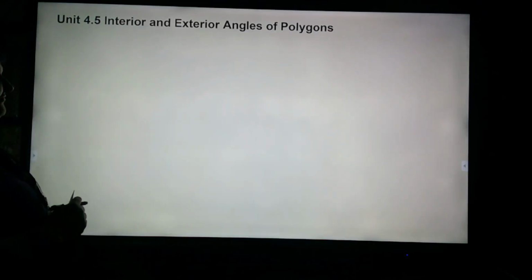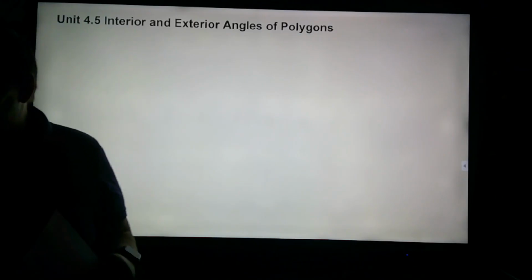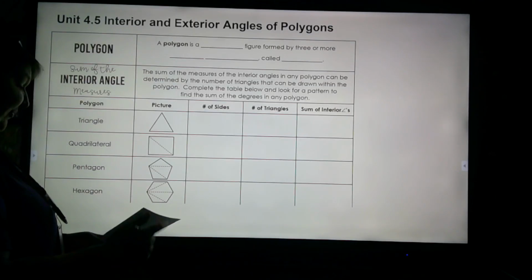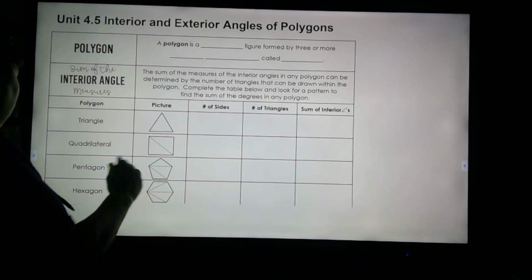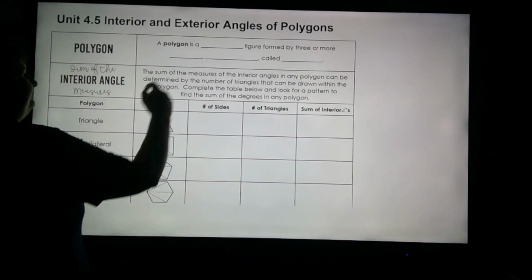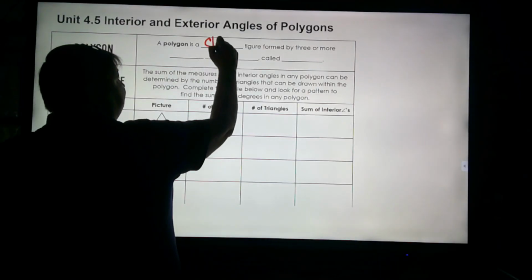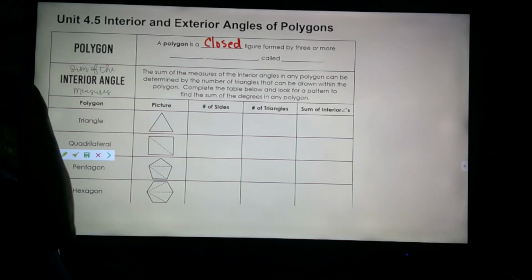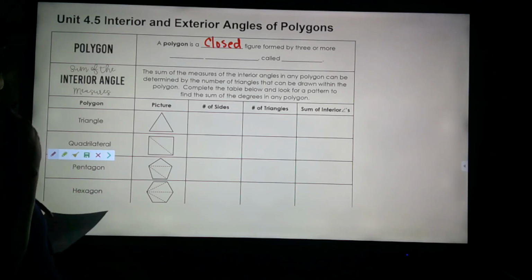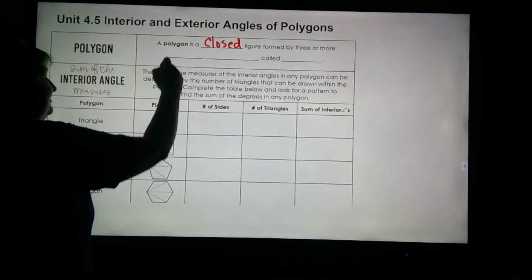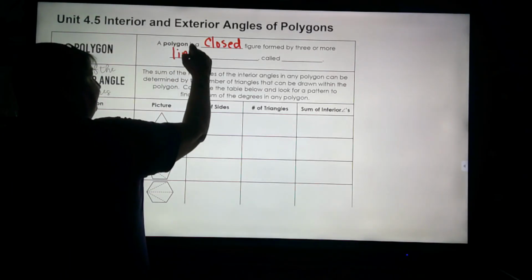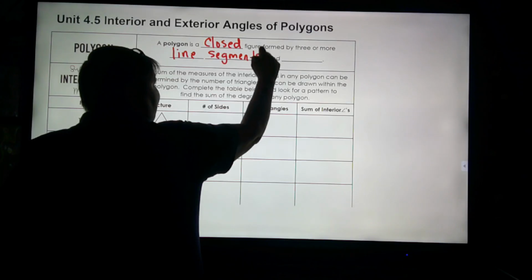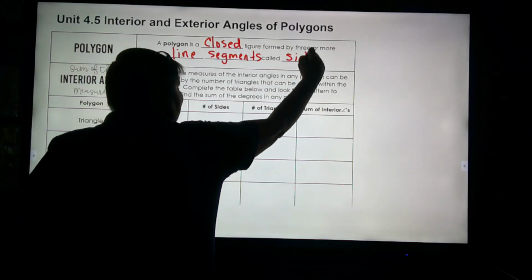All right, so polygons. A polygon is a closed figure formed by three or more line segments that we call sides.